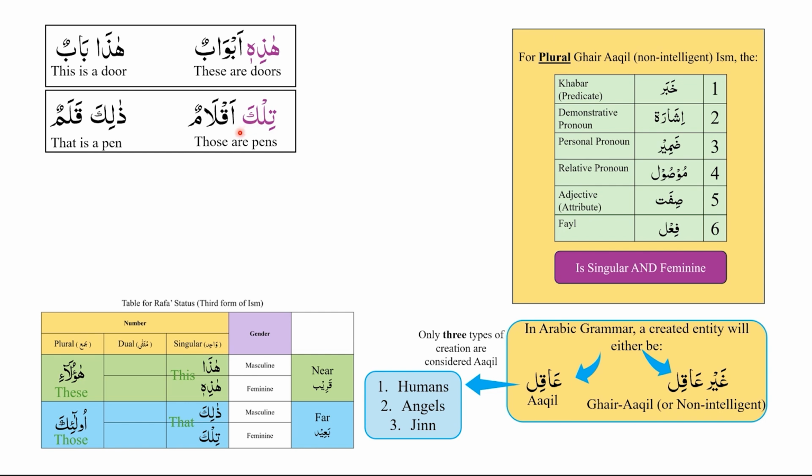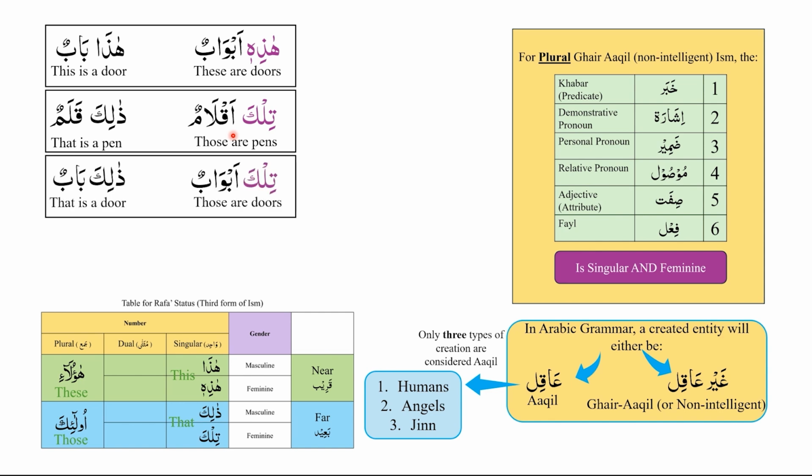Aqlamun is the plural of a ghair aqil ism. Aqlamun is plural for qalamun, which is pen. Zalika babun, that is a door. The plural will be those are doors. Similar to tilka aqlamun, we will say tilka abwabun.